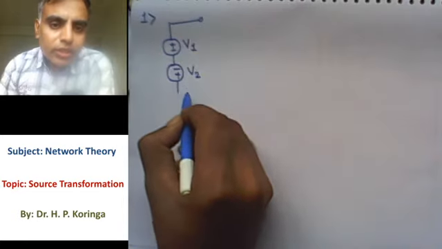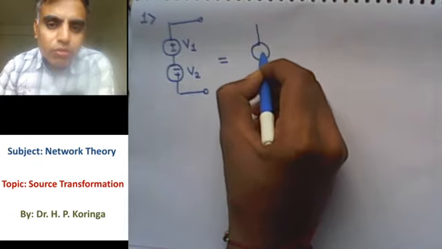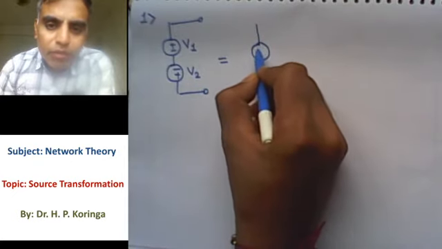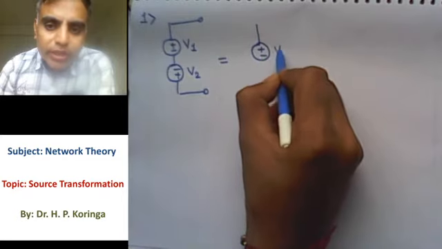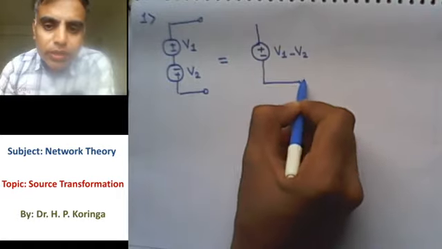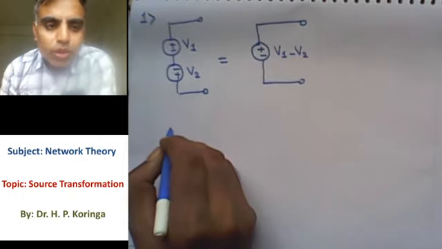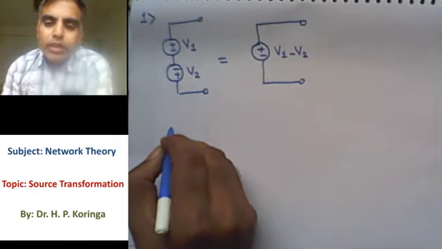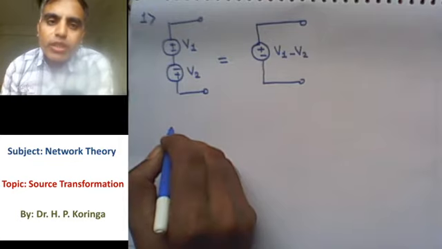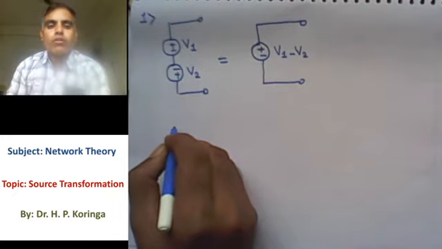So this can be converted into a single voltage source, and if we take the polarity of V1 as plus and minus, then the value is V1 minus V2. So if two or more than two voltage sources are connected in series, they can be replaced by a single voltage source, and the value of that single voltage source is the algebraic summation of all the voltage sources.